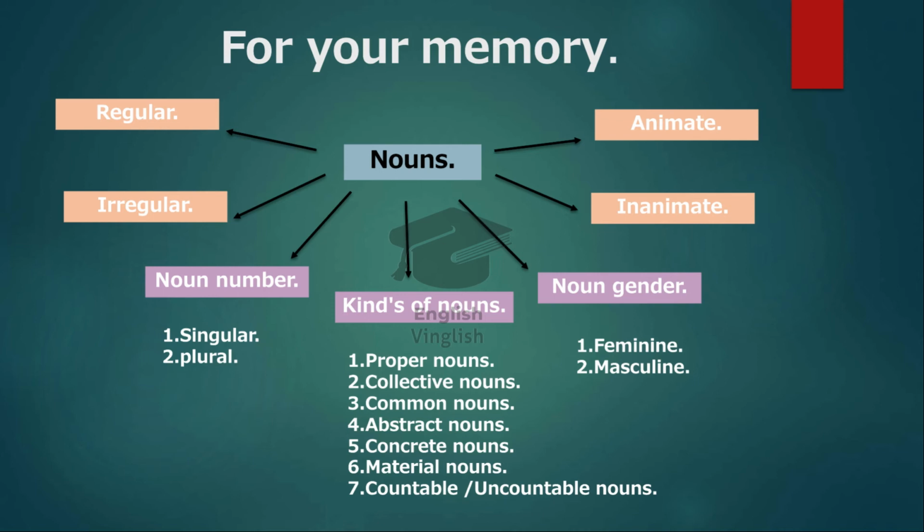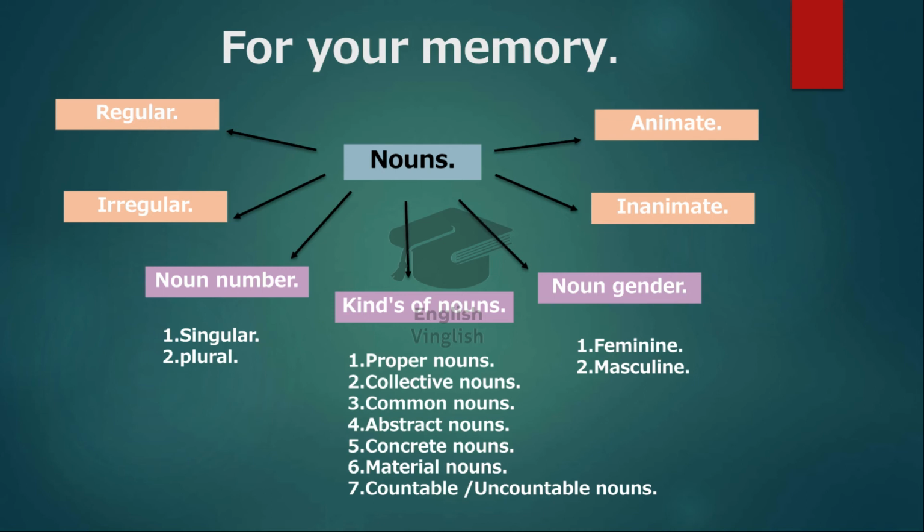We cannot express them and they are non-physical, right? We cannot touch them, we cannot see them. For example, happiness, honesty, frustration, beauty, we cannot see them. They are just a feeling or a state or something.